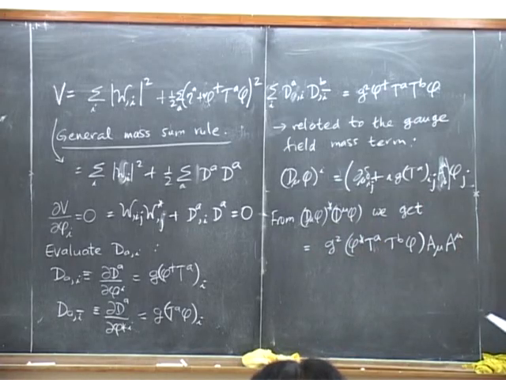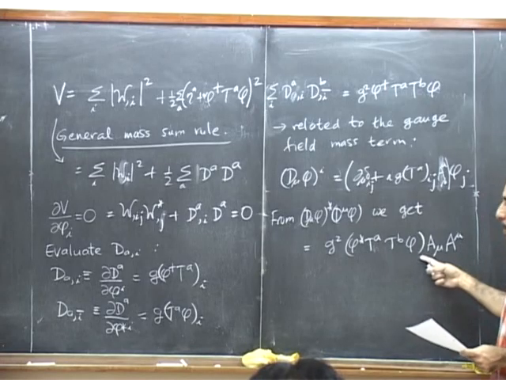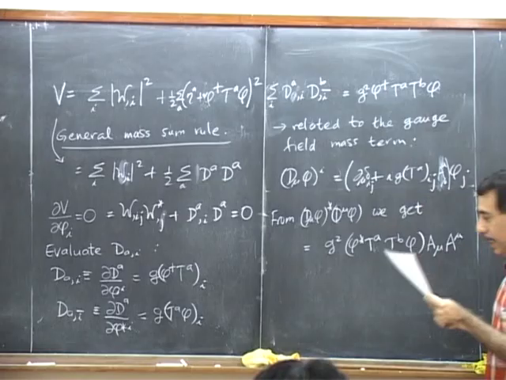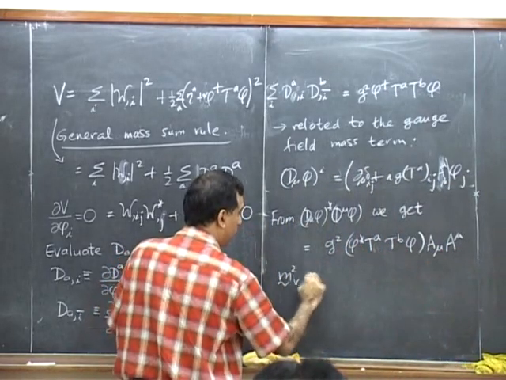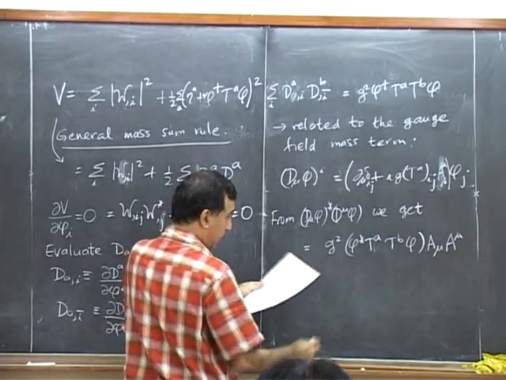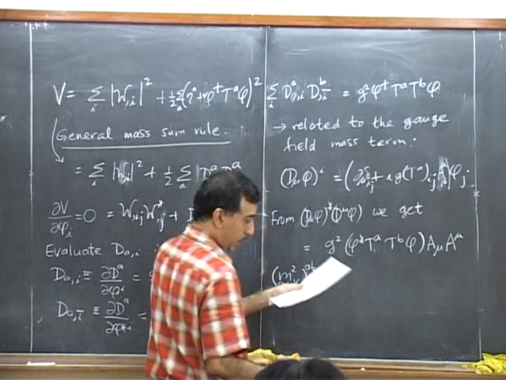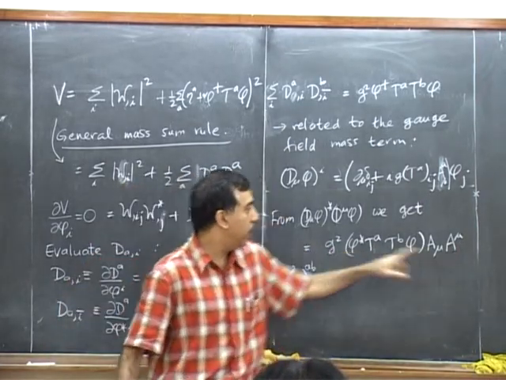Okay. So now we can compare this with this, and we see that I can recast this gauge field mass term precisely in terms of these. So another way of saying it is that the mass matrix for gauge fields is a matrix in AB space, the mass squared matrix really, and this should have a half because A's are real fields.